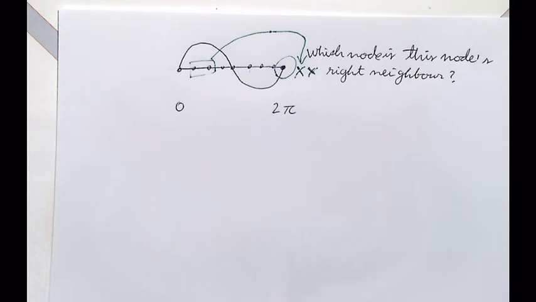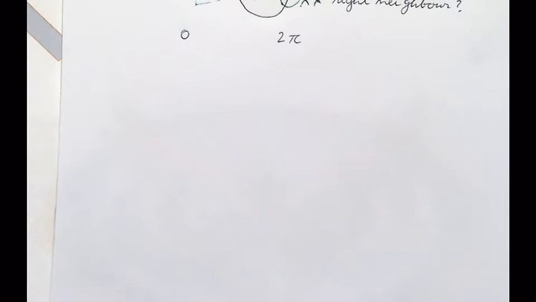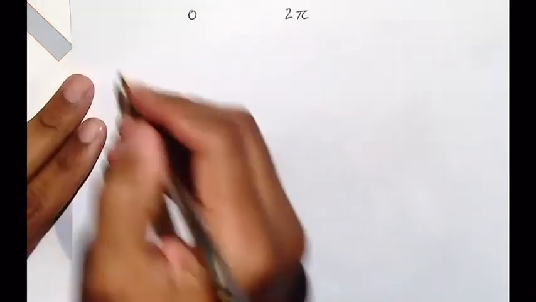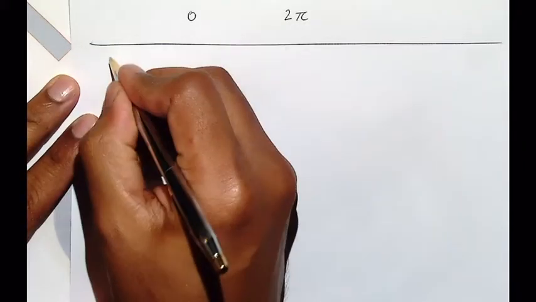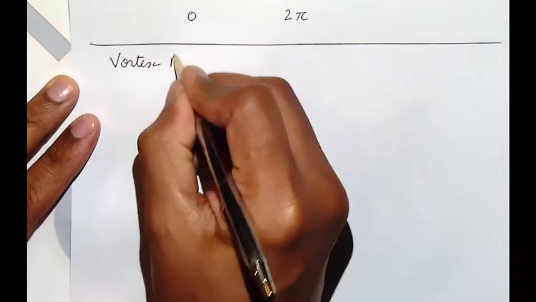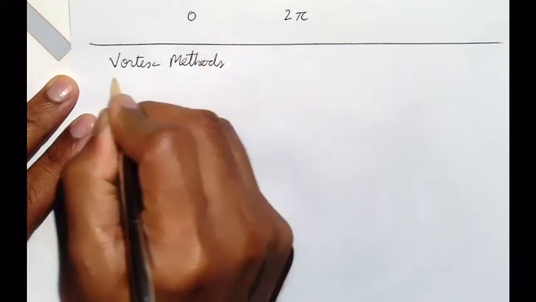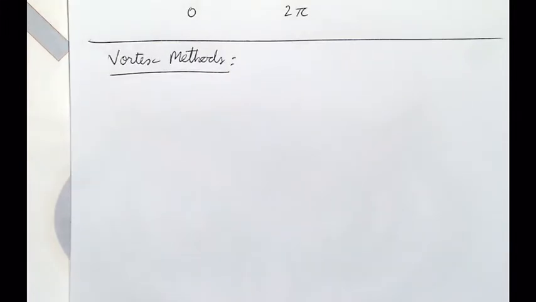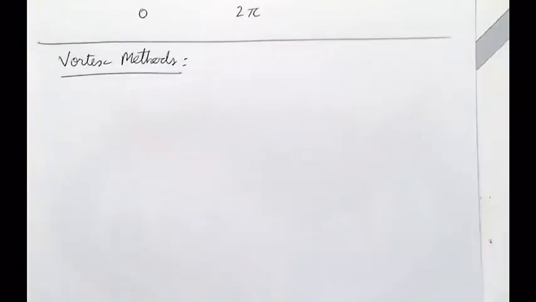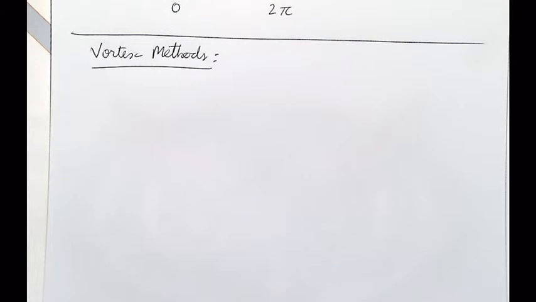So last time we were talking about vortex methods. We have the conservation laws: conservation of mass, conservation of momentum, and there's not a single way of solving it.